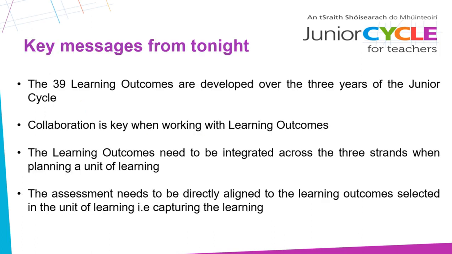Our key messages from tonight's webinar are: the 39 learning outcomes are developed over the 3 years of junior cycle. Collaboration is key when working with learning outcomes, as it is new to all of us.